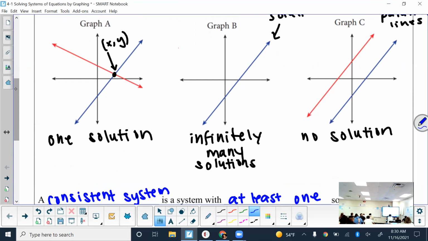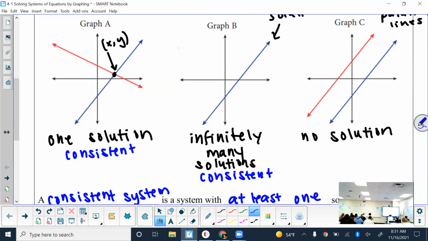Look at your definition, they have at least one solution. So which ones would it be? Good, so graph A is consistent. It has at least one solution. Is graph B consistent? Infinitely many, is that at least one? So again, consistent. What about graph C? Good, it has no solution, so it's not consistent.